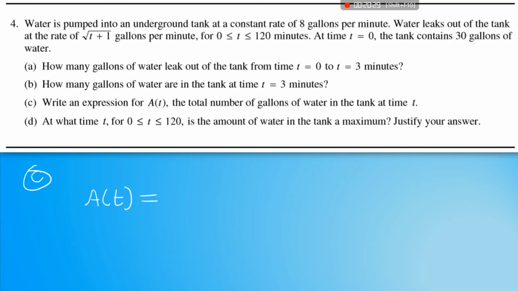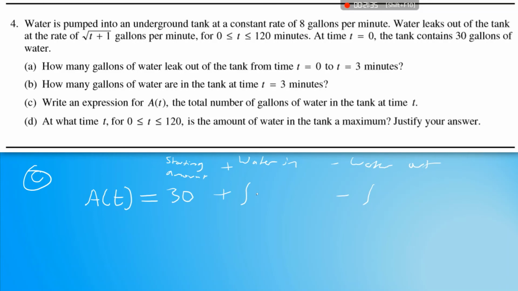It's just 30, plus the integral of the rate of pumped water which gets inside, minus the rate of gallons per minute which leaks. Okay, you're right. We're going to write in formulas for those though.